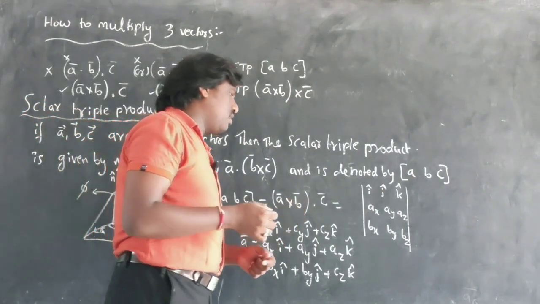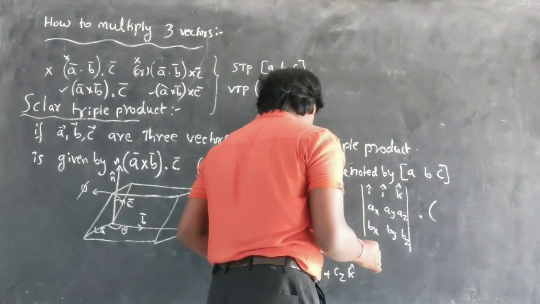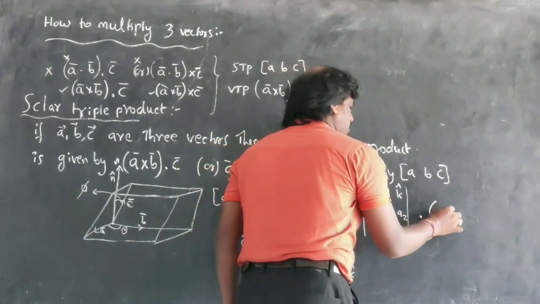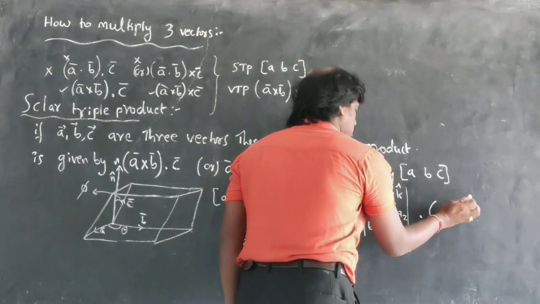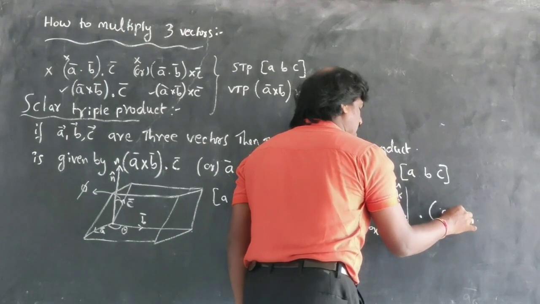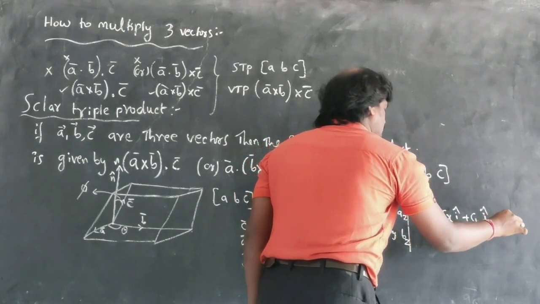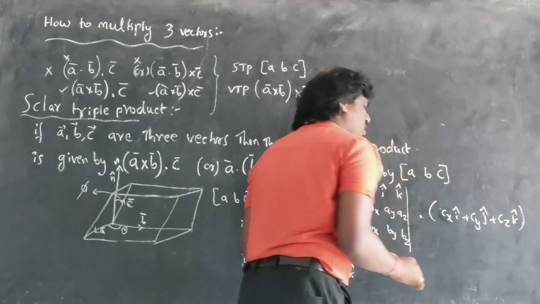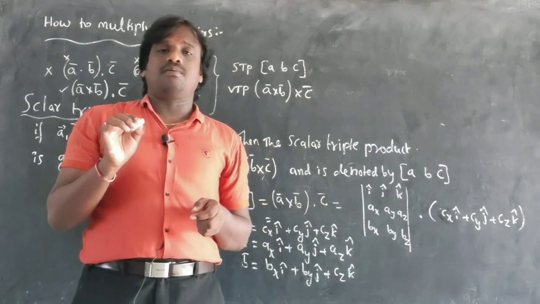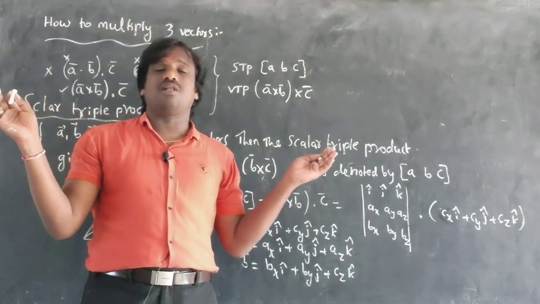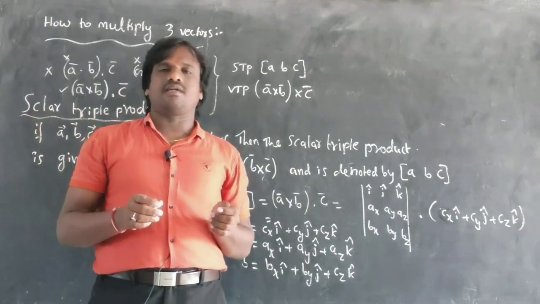Now you take this and dot it with the C vector. What is the C vector here? C vector is Cx i cap plus Cy j cap plus Cz k cap. Today we will learn the basics, and tomorrow we will learn in detail all the things about the vector triple product and scalar product.